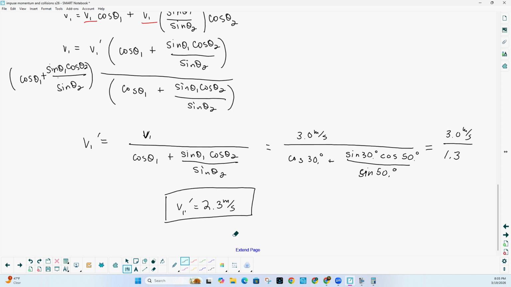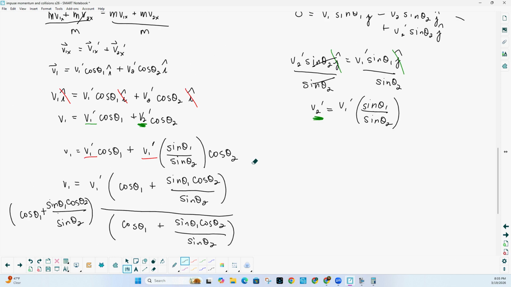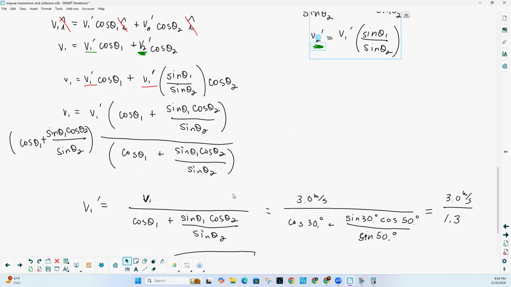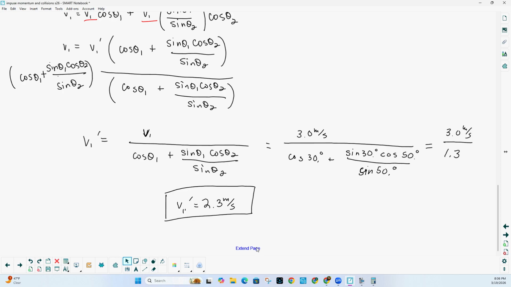Now, in order to find V2 prime, I already have the equation right here. So I'm just going to take this equation and write it down here.